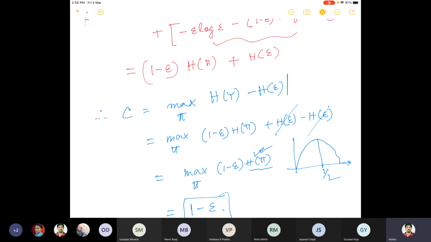You can calculate the channel capacity of different kinds of channels and see what is going on. I gave 2 problems in the assignment also. The message is that you don't have to use derivatives and so on to compute the maximum value.